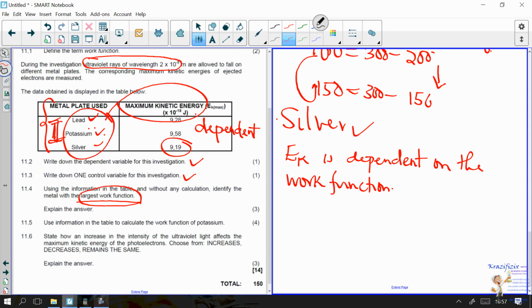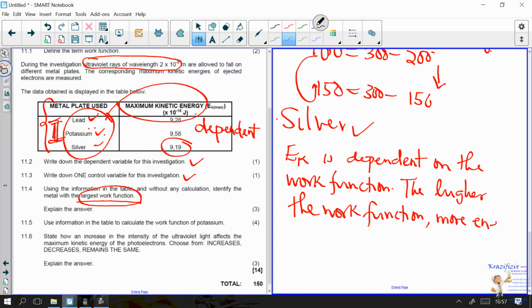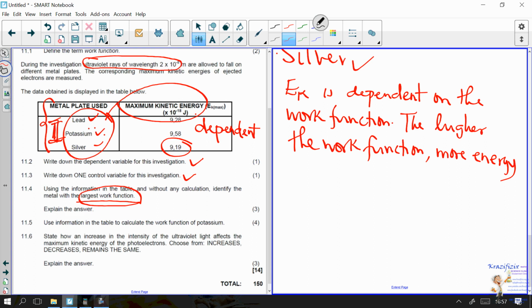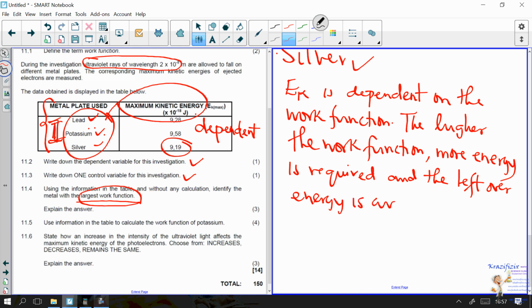Because the higher the work function, remember I said work function is the minimum, it means more energy is required and the leftover energy is available for the electrons.